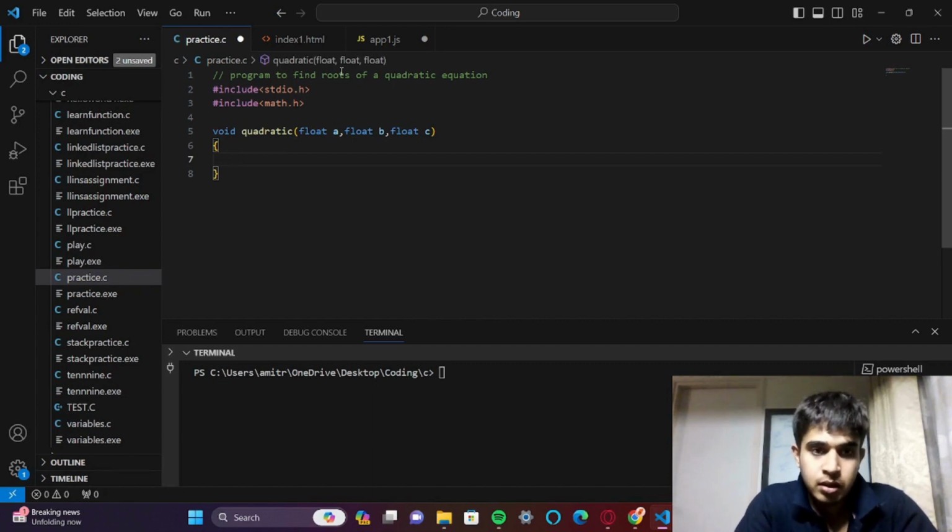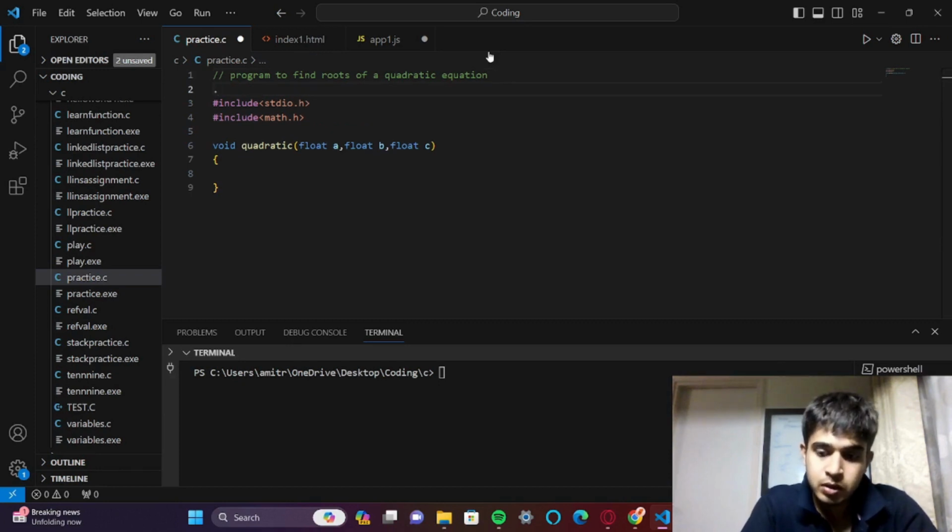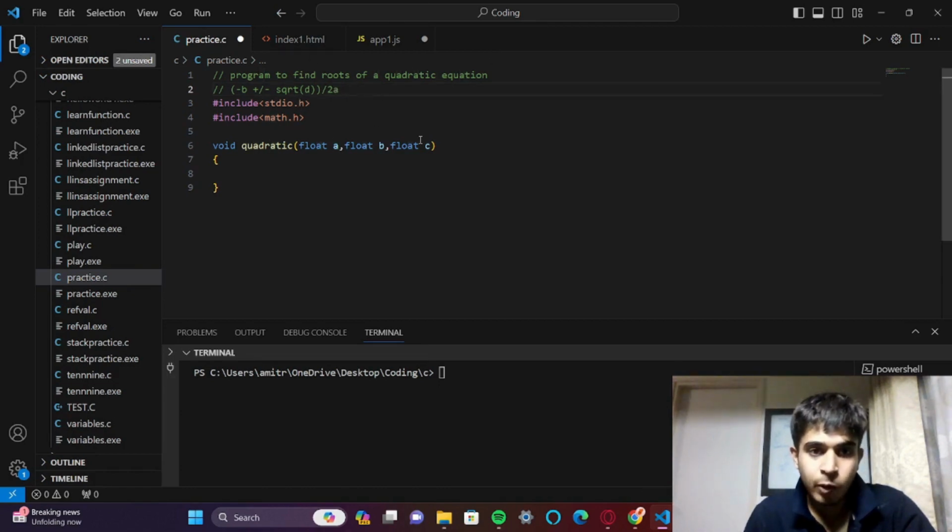Now if the value of a is 0, we know that the formula to find the root is minus b plus or minus square root of the discriminant, whole thing divided by 2a, right?